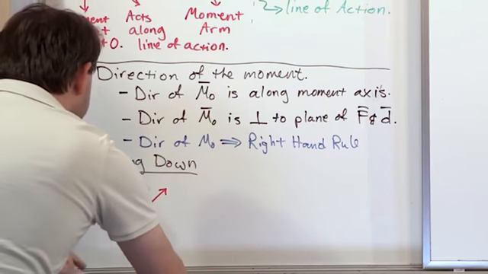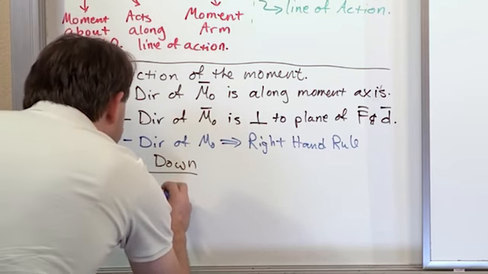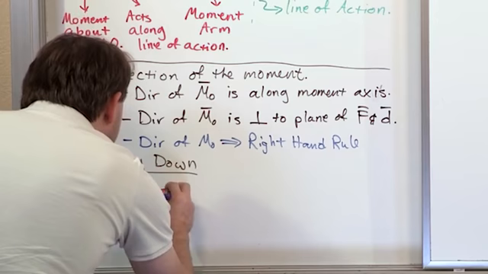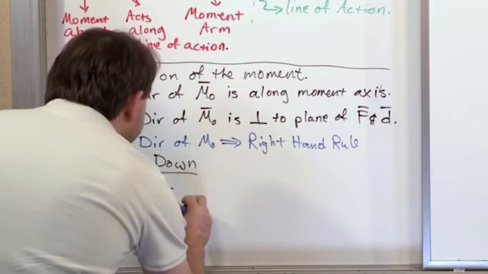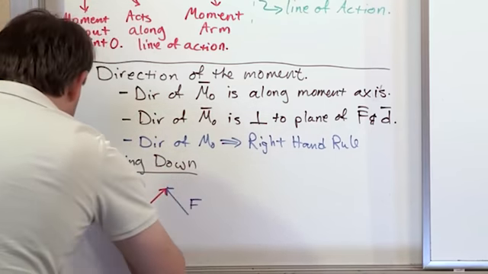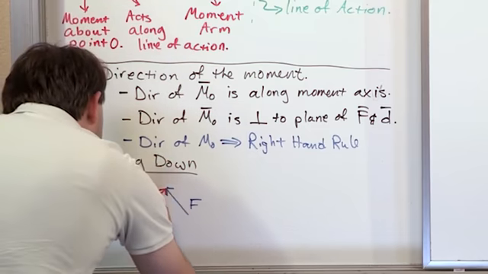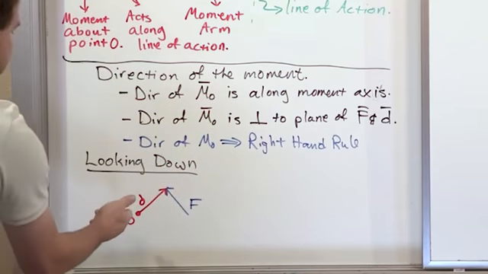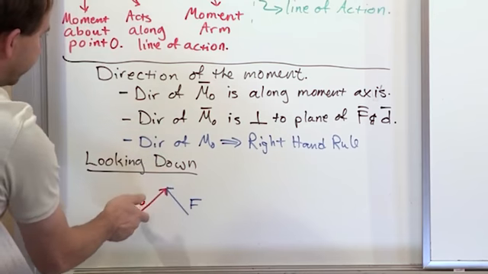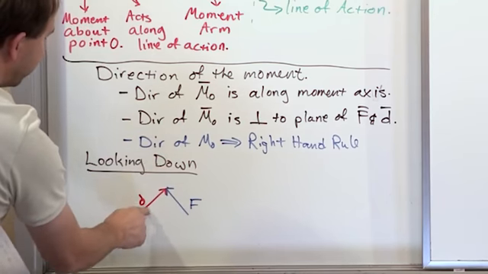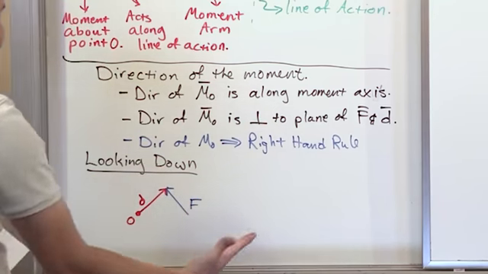Let me switch colors here. Here is your force F. What do you think is going to happen in this particular case? Here is F, and here is D. So if I have a piece of wood or something sticking out from some axis or some point of rotation, and I push it like that, how is this thing going to rotate?